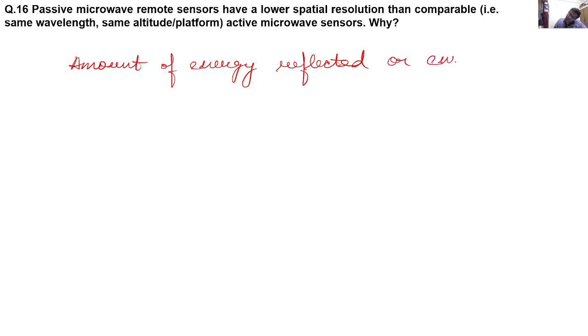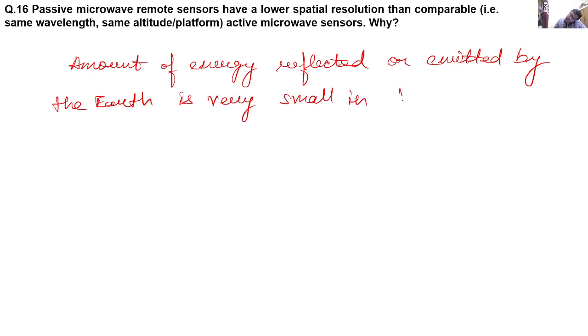Passive microwave remote sensors have a lower spatial resolution than comparable active microwave sensors, that is, same wavelength, same altitude platform. Why? It's very interesting. The amount of energy reflected or emitted by the earth is very small in the microwave region.